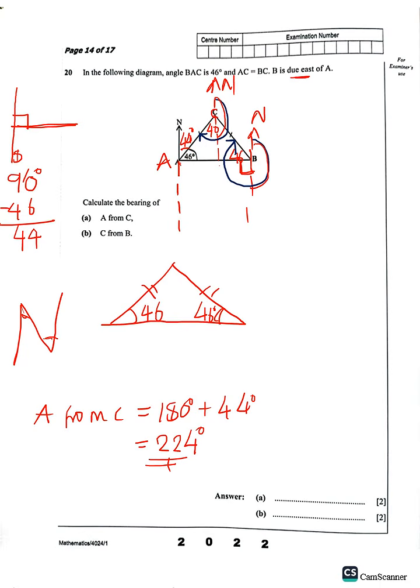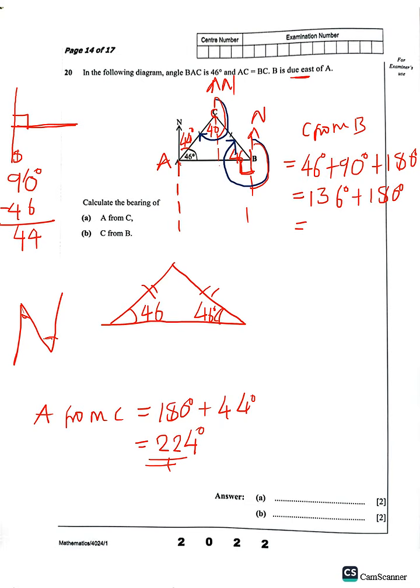So our final answer will be C from B is equal to 46 plus 90 plus 180. So 90 plus 46 is 136, plus 180.